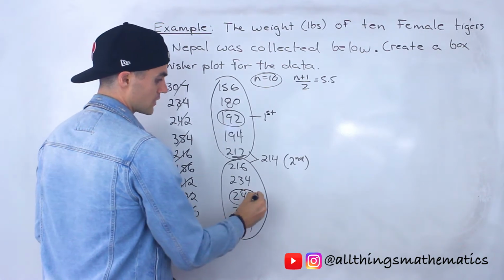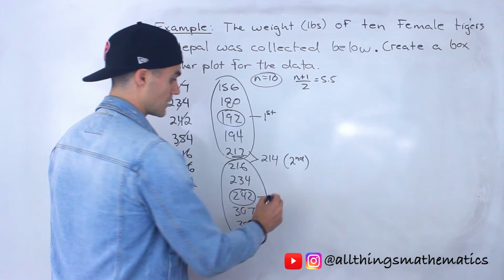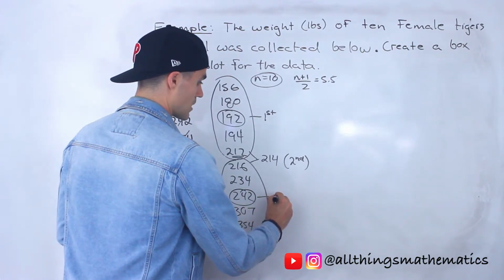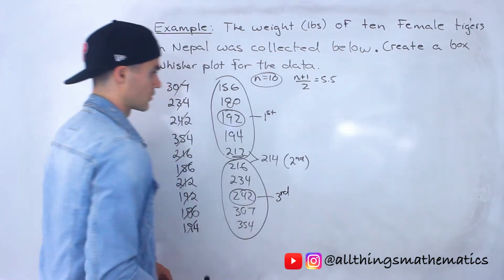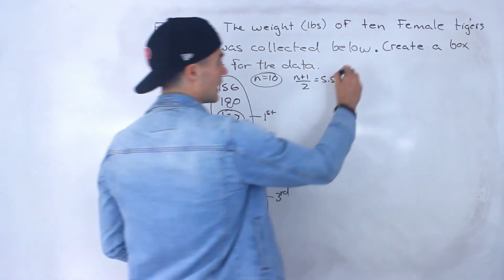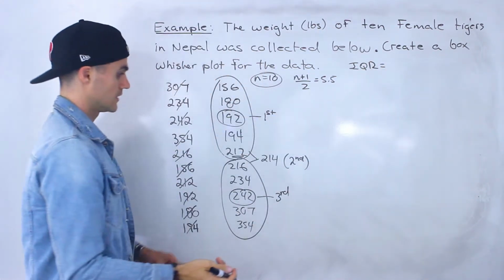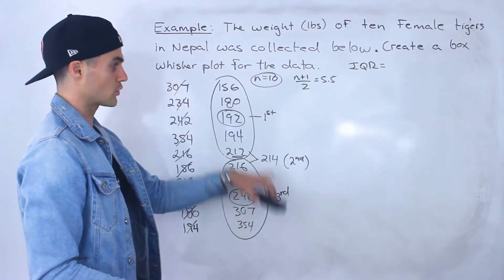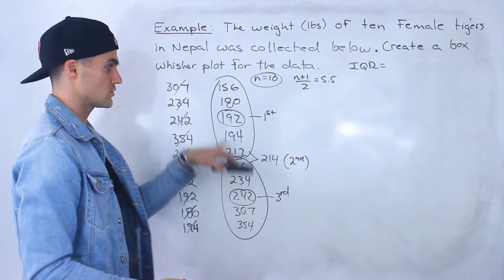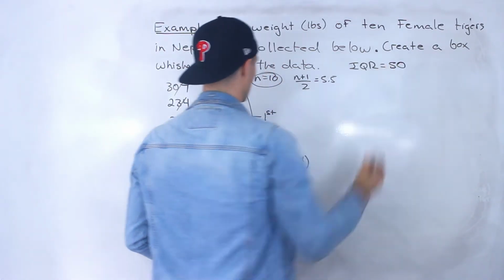And then this 242, the middle number of these 5 data points, that's going to be the third quartile. And if you wanted to find the interquartile range, which you definitely can, it would be the difference between the third quartile and the first. So 342 minus 192, that would give you 50.